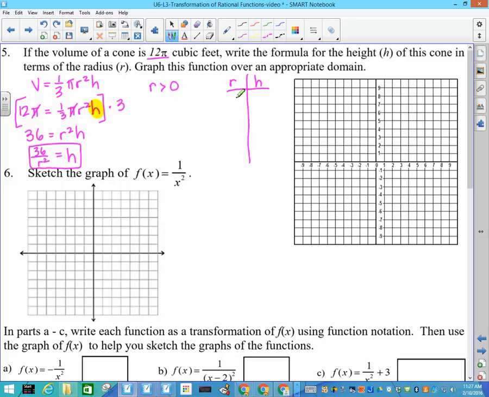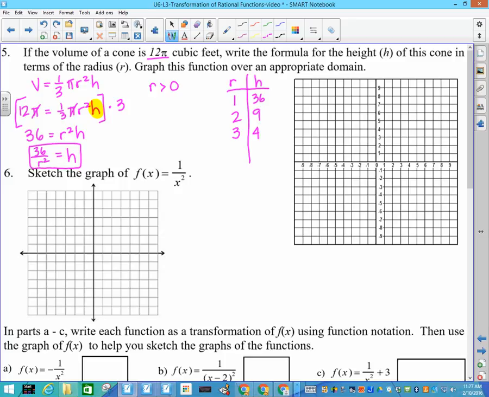So if I plugged in 1 for r, then I would get 36 for h. If I plugged in 2 for r, 2 squared is 4, and 36 divided by 4 is 9. And of course that means I should write a 9 and not a 4. If I put a 3 in, 3 squared is 9, and 36 divided by 9 is 4.